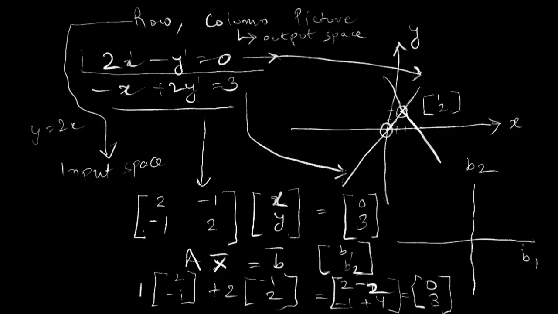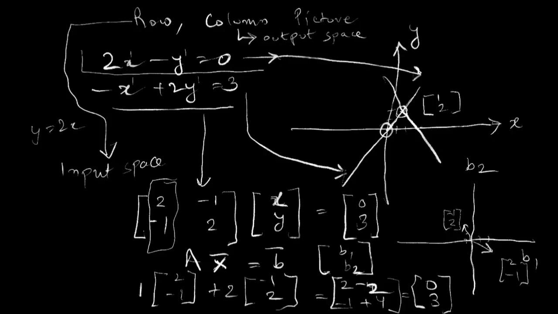Now, can I see that in the diagram? Of course I can. So this is my first column vector. This is the coefficients of x, right? So I go 2 points in this direction and 1 point in this direction. This is my 2, minus 1 vector. And minus 1 is in this direction and 2 is in this direction. This is the other vector, our minus 1, 2 vector.